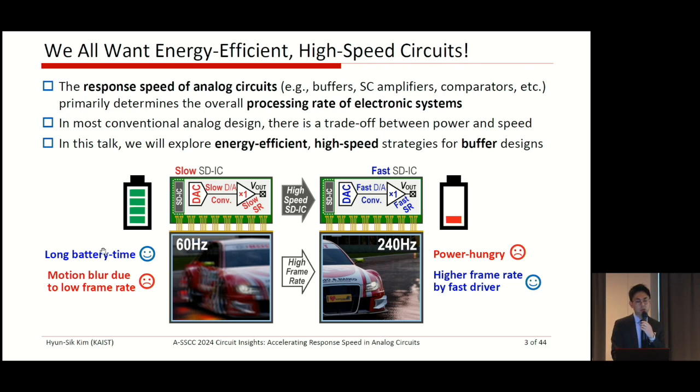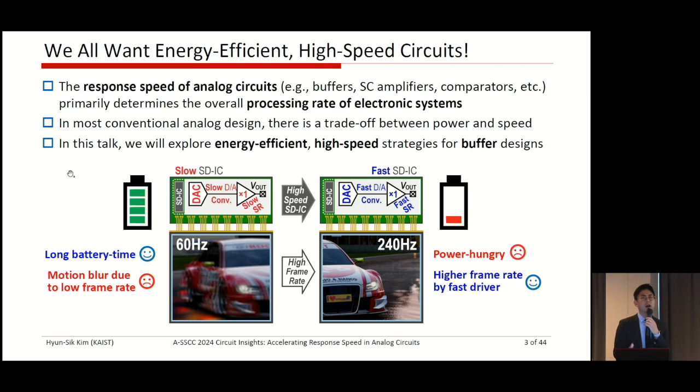But due to the slow response circuit, the frame rate could be limited, and the user must experience uncomfortable motion blur. On the other hand, with a very fast driver circuit, we can enhance the frame rate. Therefore, the user can experience smoother transitions in the movie images. However, as I mentioned before, the high-speed circuit requires higher power consumption. So power and speed are a clear trade-off.